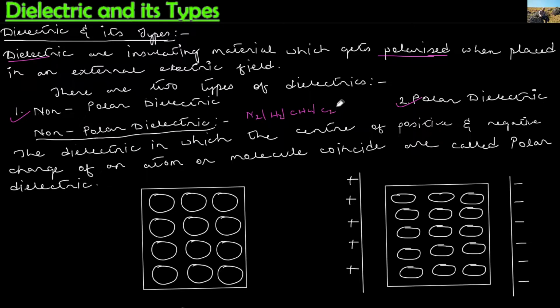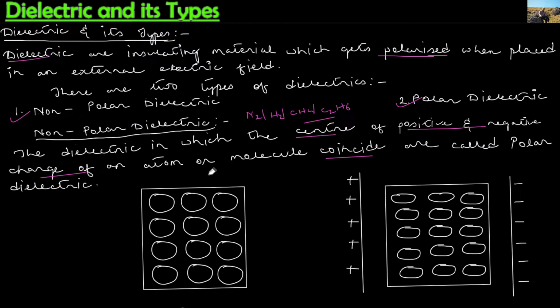These are groups of what? Nonpolar molecules. And what are nonpolar molecules? Nonpolar dielectrics are those dielectrics in which the center of the positive and the negative charge of an atom coincide.